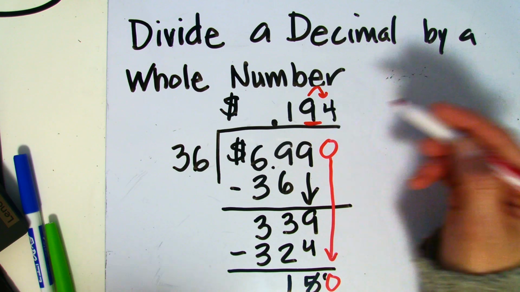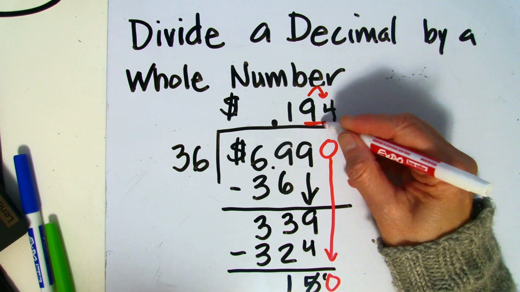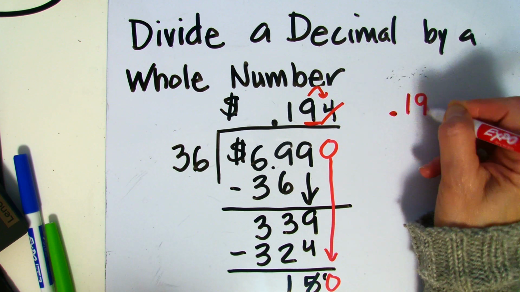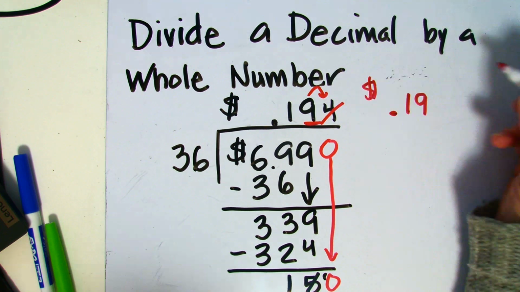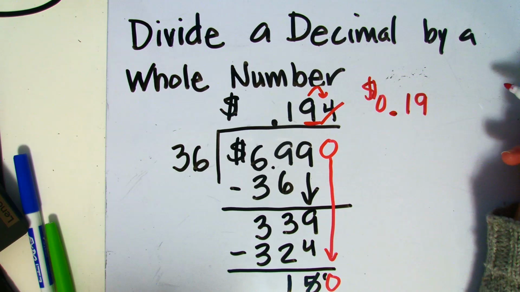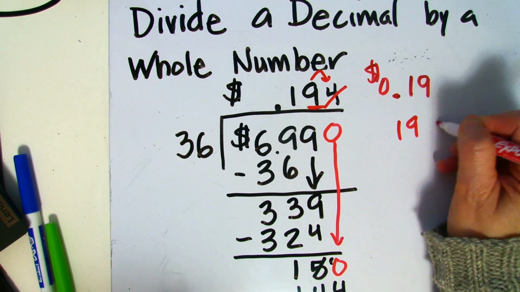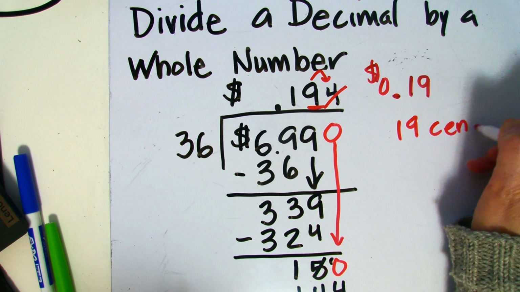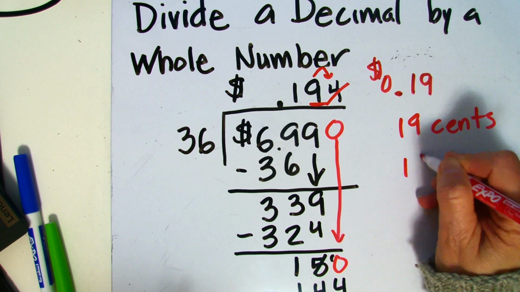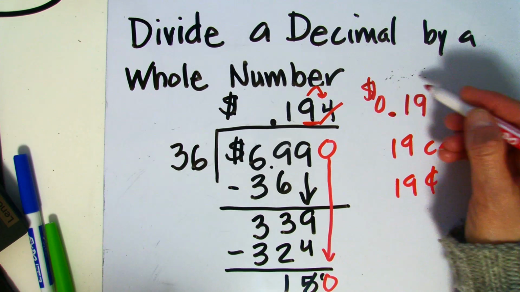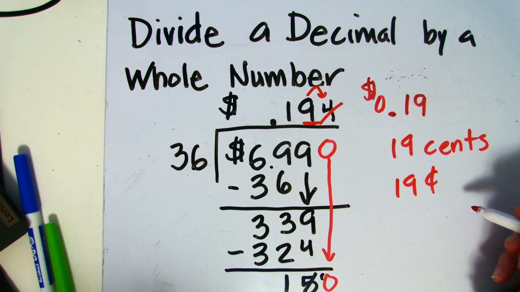I'm going to keep it, and so that means I'm going to drop this 4, and I'm left with 19 cents. Now I could put a 0 here as a placeholder, or I could write it as 19 cents, or that symbol there. All of these are going to refer to the same amount.